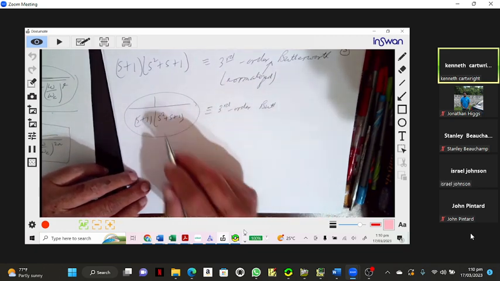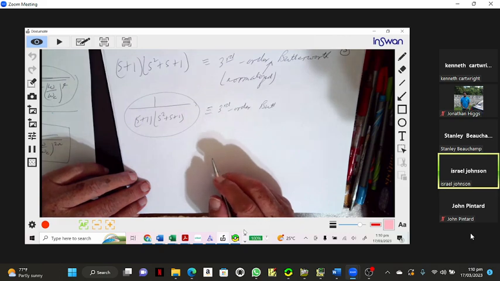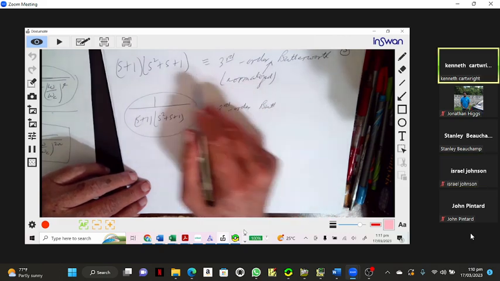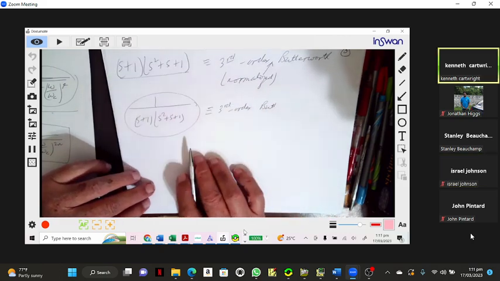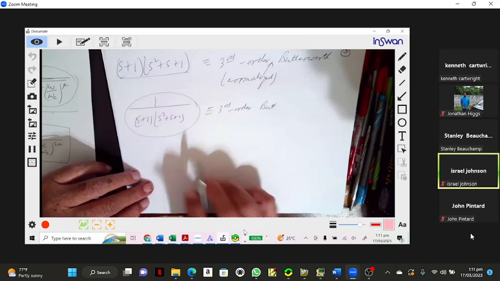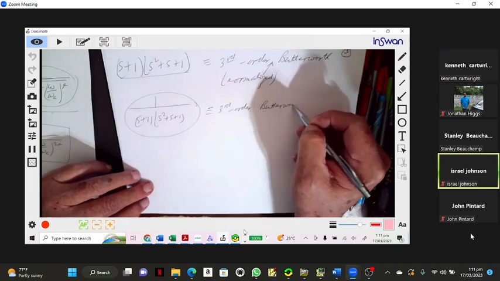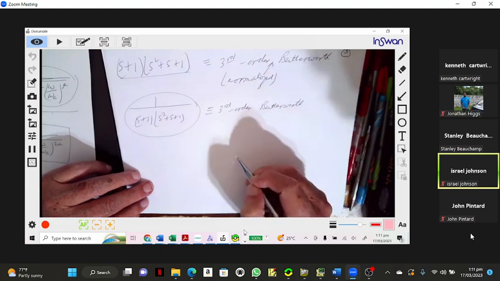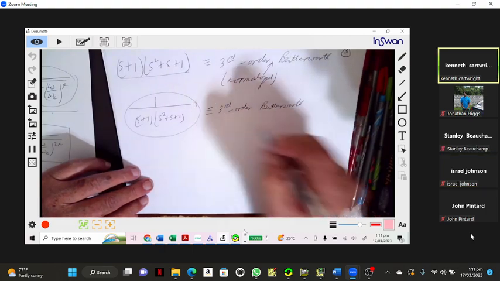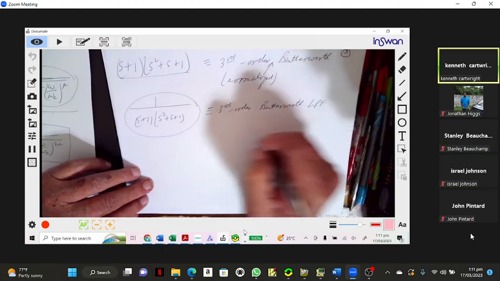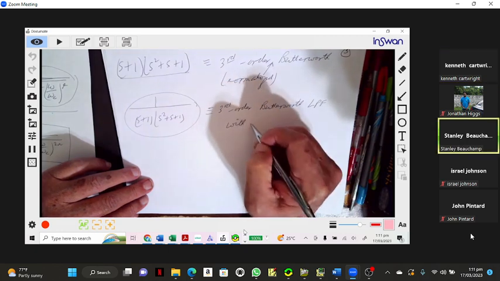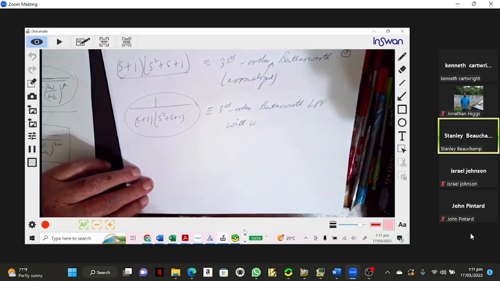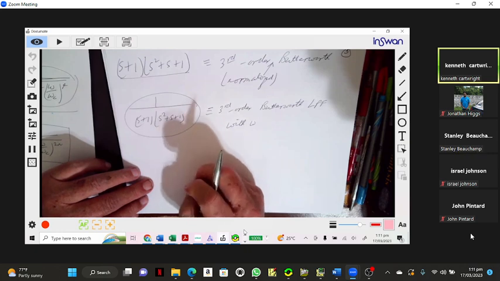Folks, what cutoff frequency is that? 1 rad per second. Yes, why? Because that's a normalized Butterworth. Third order Butterworth low pass filter. Dr. Godwin, did you get that polynomial from memory? Yes, I got it from memory.